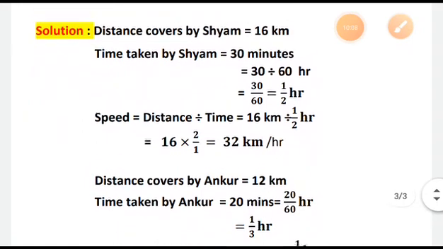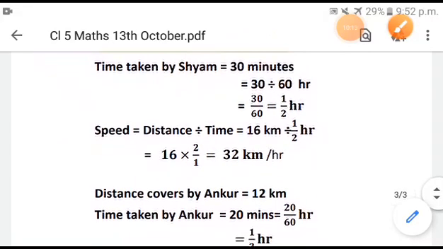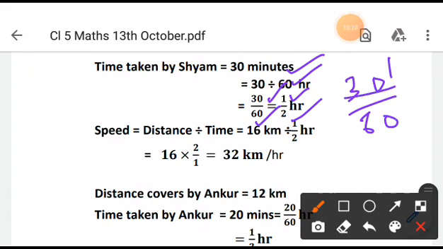Distance is already given in kilometer and time is given in minutes. So you need to convert the time into hours. Minutes to hours means you need to divide by 60. That is 30 divided by 60 and you get 1 by 2. Why? Because you know that 30 ones are 30, 30 twos are 60. So that is 1 by 2 hour.